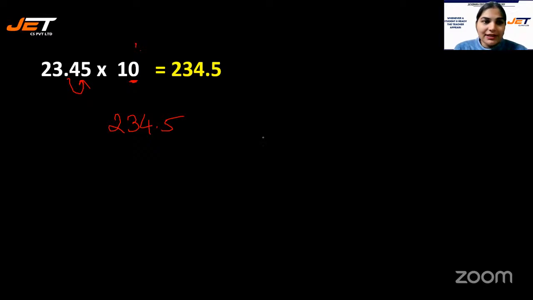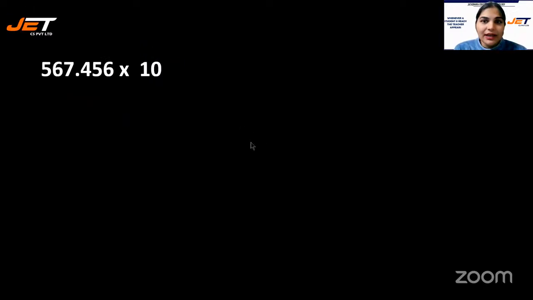After that, please do this. Again, the same thing. This time you are multiplying by 10. So if you're multiplying by 10, just shift the decimal one place to the right side. If you're multiplying by 100, shift it two places to the right side. If you're multiplying by 1000, shift it three places to the right side.